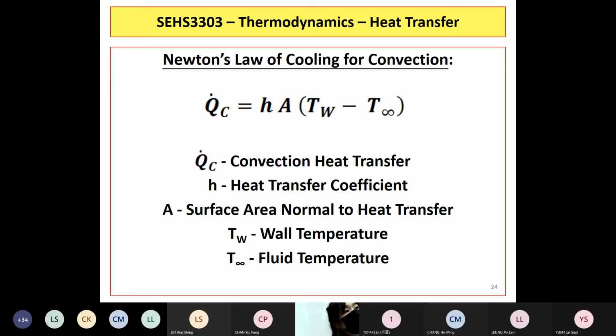I told you that convection is heat transfer from a hot surface to its surrounding flow, or from a hot fluid to its surrounding surface, either from the fluid to the surface or from the surface to the flow.